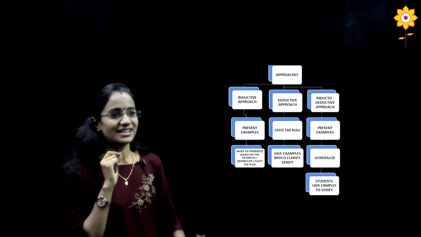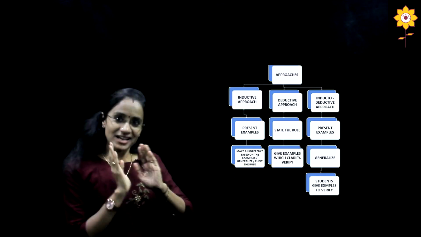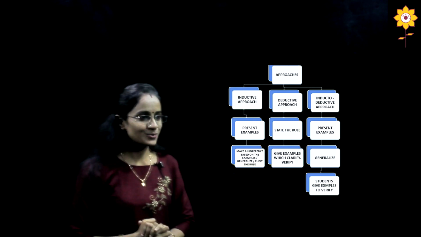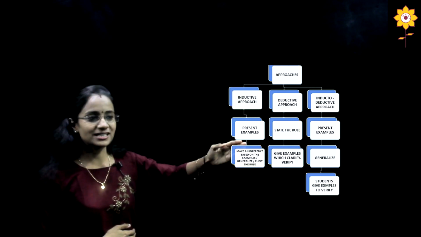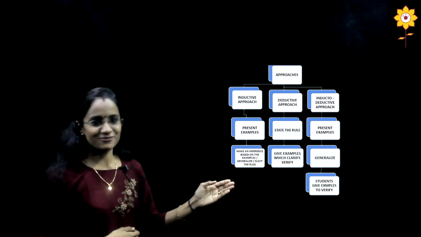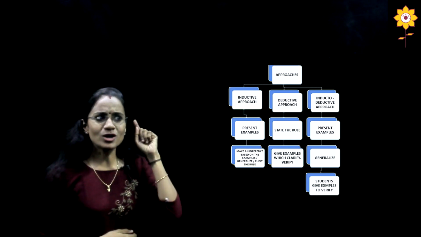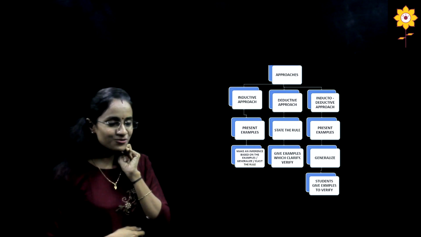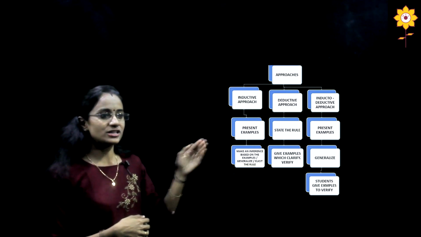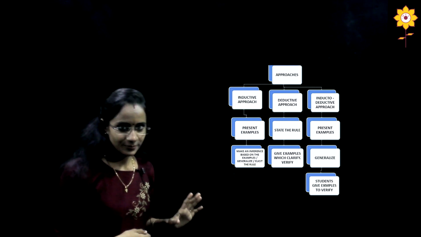So that's our inductive-deductive approach, right? As you see here, in the inductive approach, you present examples and then make an inference, where you ask them, what did you observe in these examples? Right? So the child will make an inference there and then you will generalize or elicit the rule. Okay?